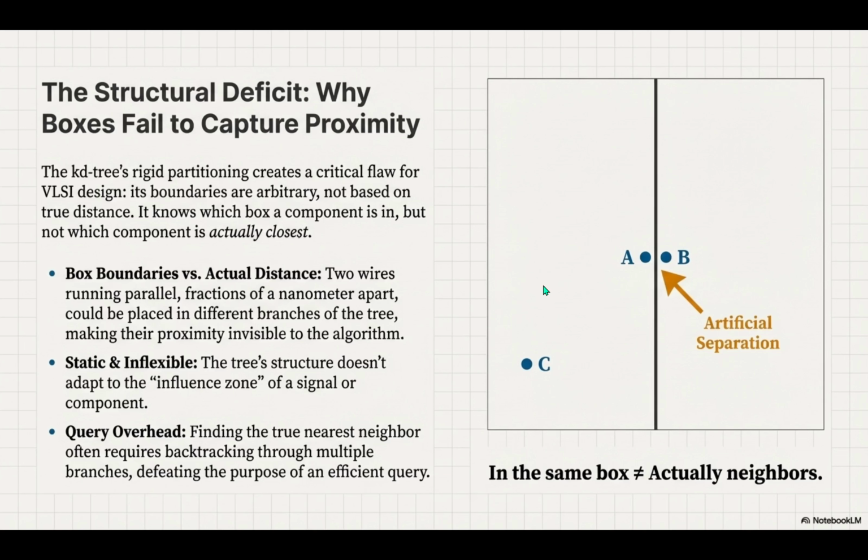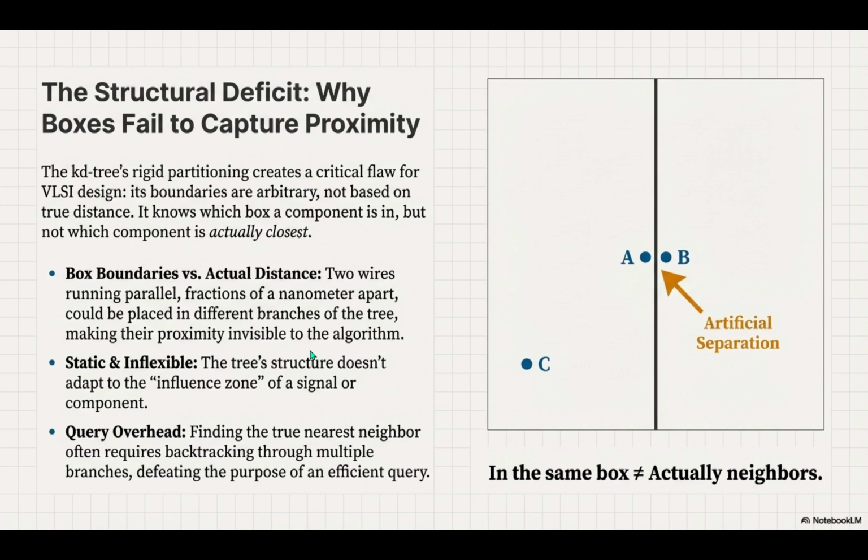But what if the KD tree's arbitrary dividing line happens to fall right between them? Then those two wires, which are basically touching, end up in completely different branches of the data structure. Exactly. The algorithm knows which box a wire is in, but it has zero understanding of who its true physical neighbor is.